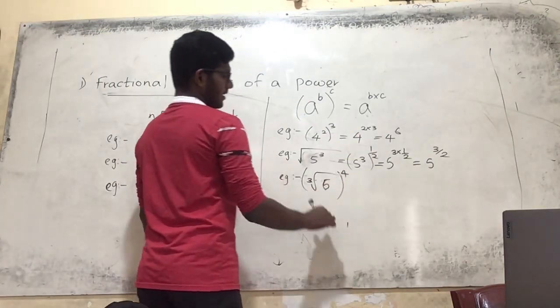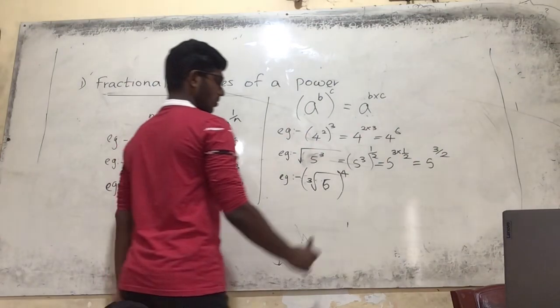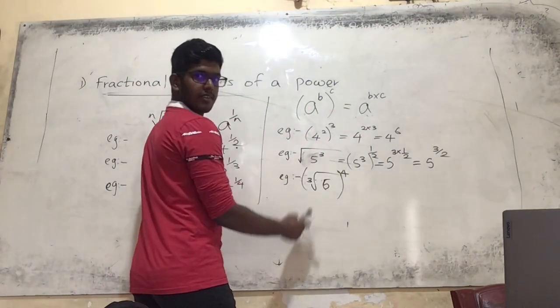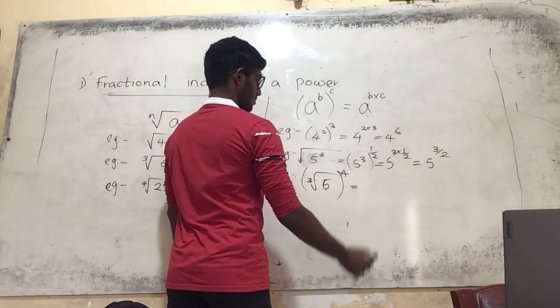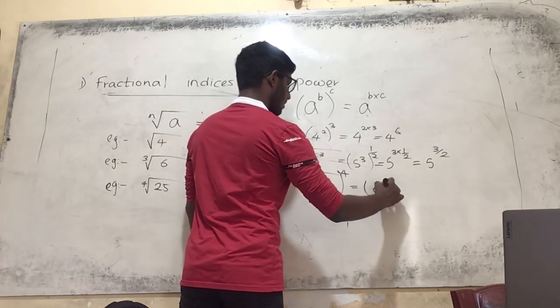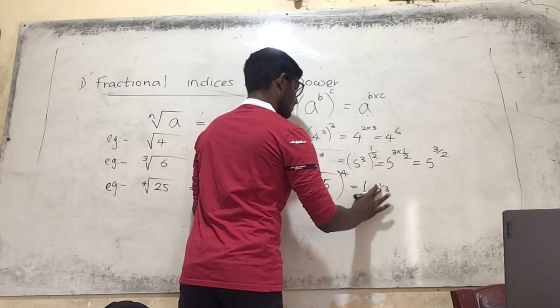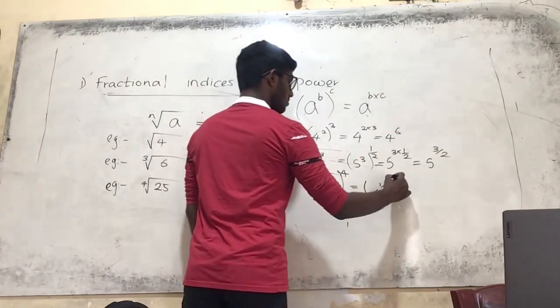Now I have written the power outside the bracket. What will happen? 6 to the power 1/3, 6 to the power 1/3 to the power 4.